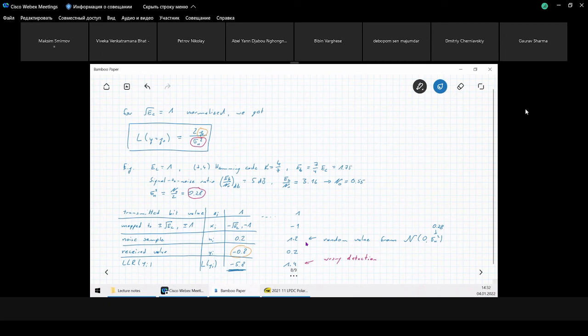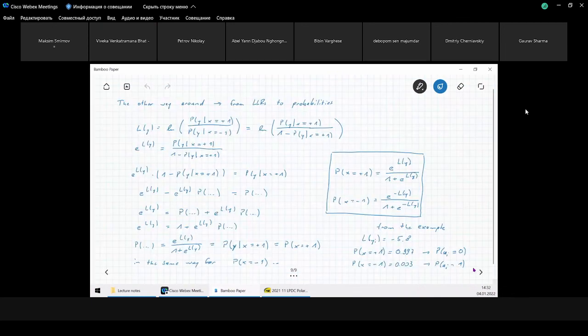Okay. Thank you, Professor. So we have one more. Go to the last page again. This one. Yes, this basically was just the other way around.